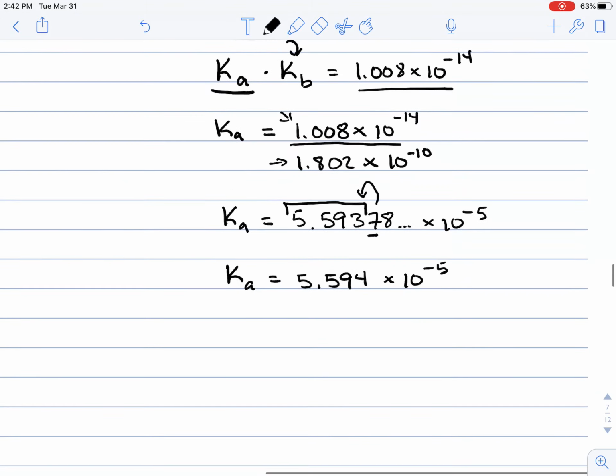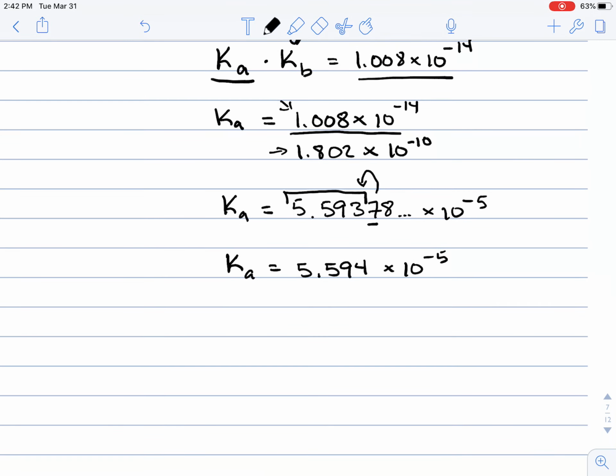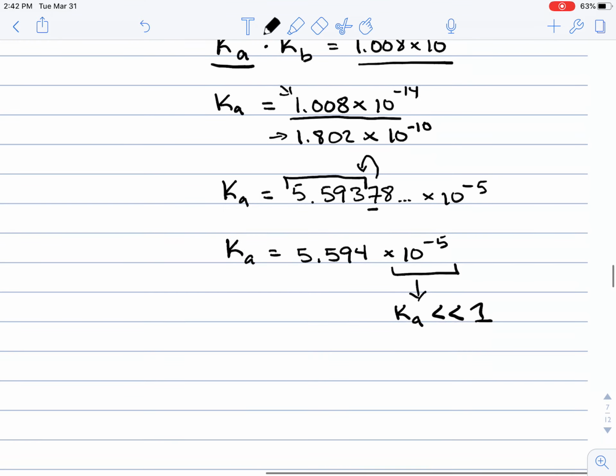Now that we solved for our acid ionization constant, we can look at the magnitude. Since Ka is far, far less than 1, we know that this compound, dichloroacetic acid, is going to be a weak acid.